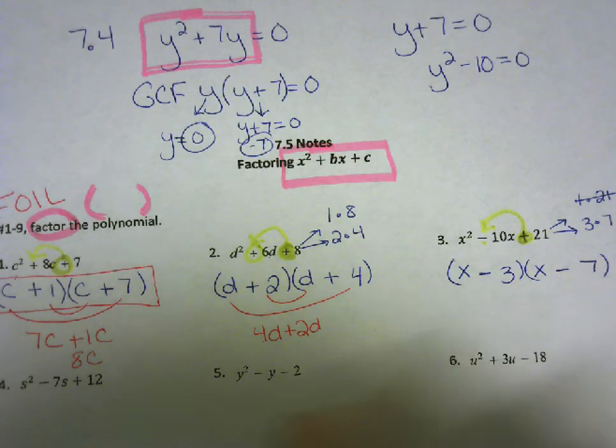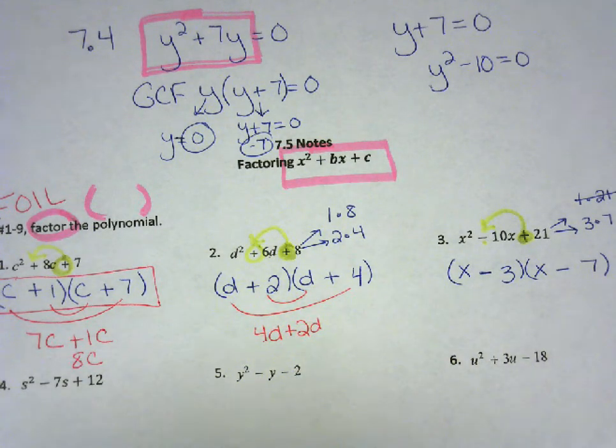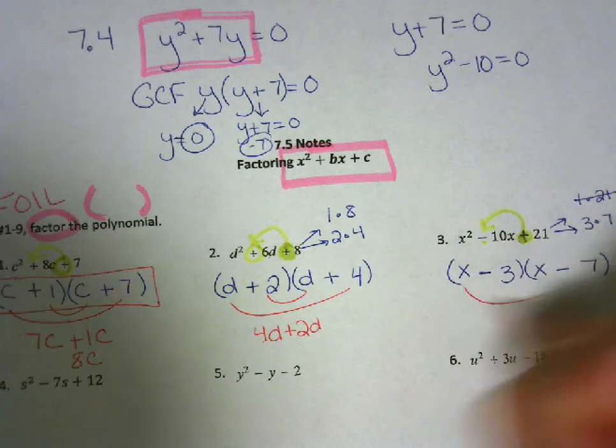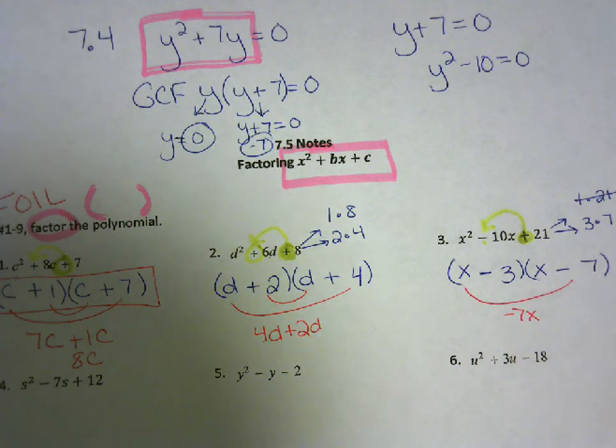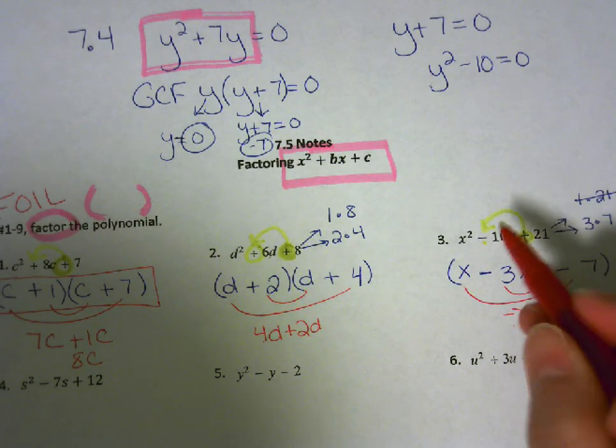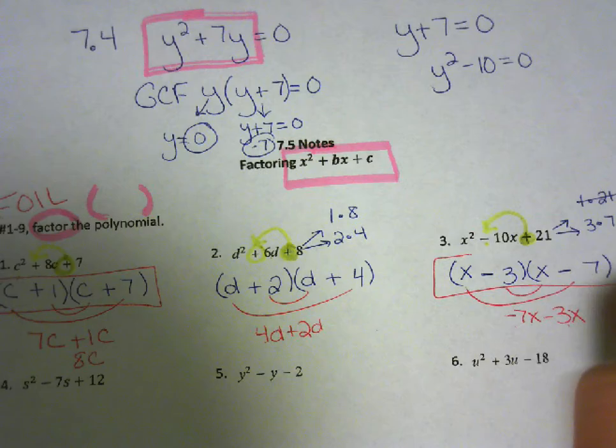What gets tricky is one like this, when the last symbol is not a plus sign. But we'll get there. So let's quick check our outer. That's a negative 7x. And let's check our inner. So that's a negative 3x. Negative 7, negative 3. I know I've got the right answer, so I'm all done.